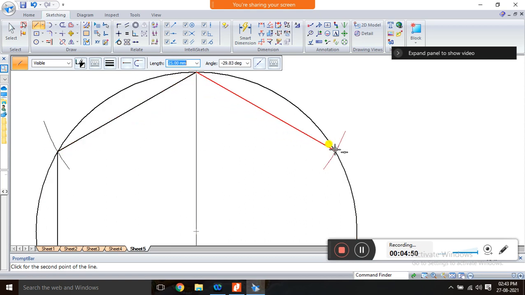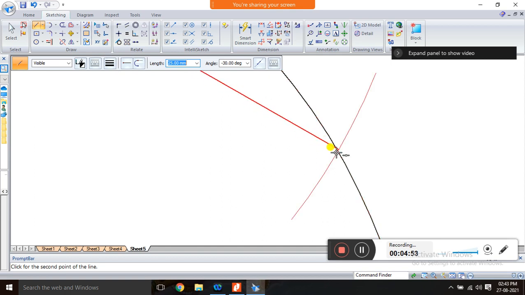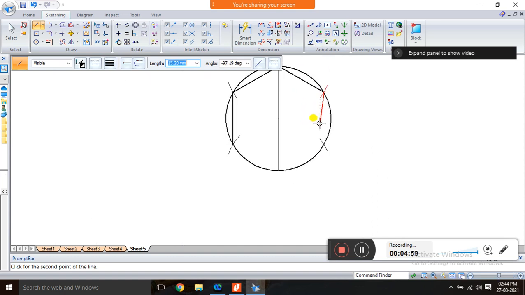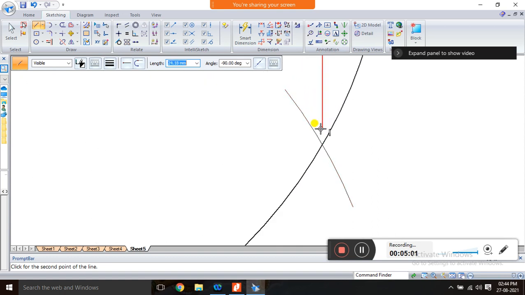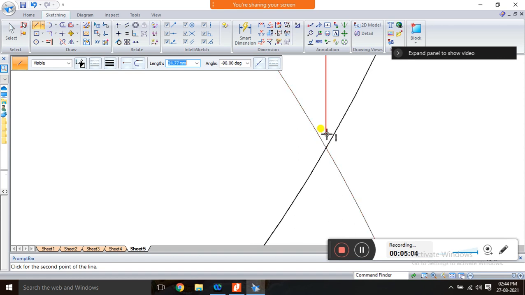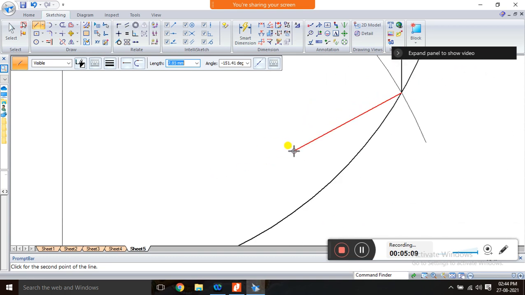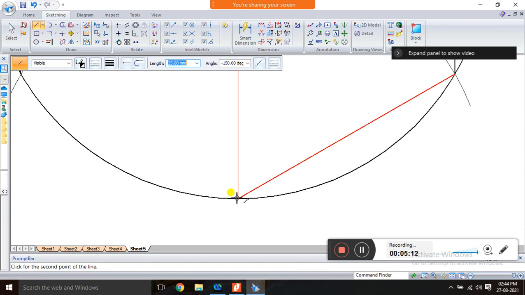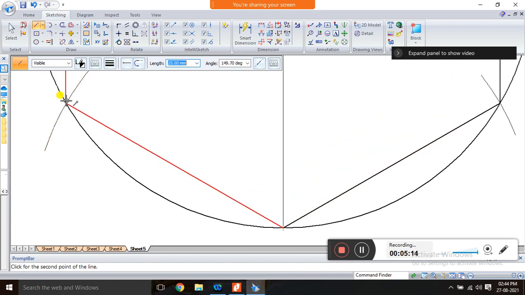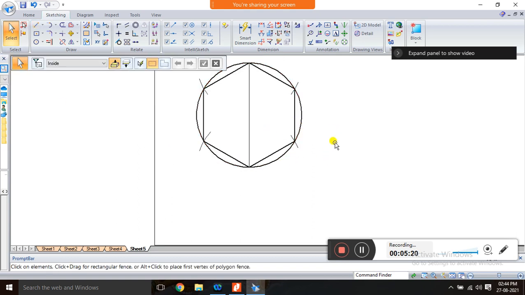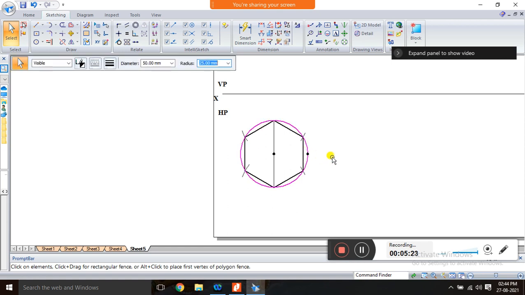You have to join with the help of your scale and pencil, like this, carefully. So it is a hexagon with edge condition. After constructing the hexagon, you just remove the circle.